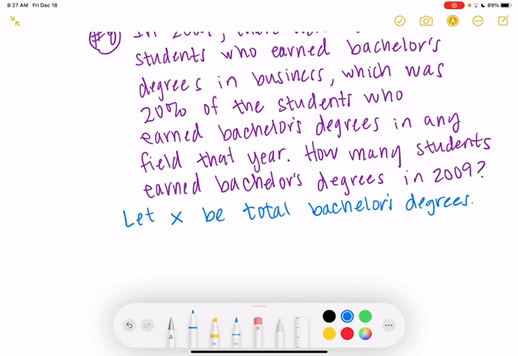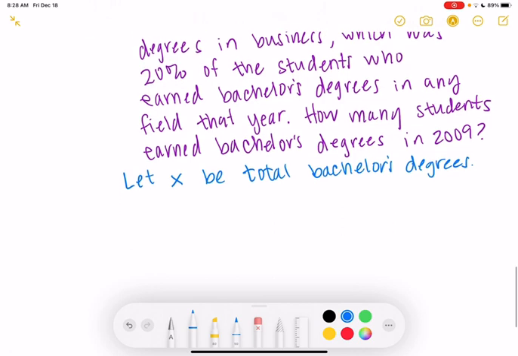We're trying to find that total because we know that 186,000 is 20% of whatever that total is, right? So I'm going to write that down in words just because it makes it a little bit easier. So 20% of the total equaled what? That 186,000. I'm just going to put 186. So 20% of total equals 186.